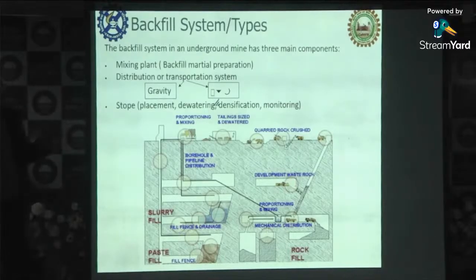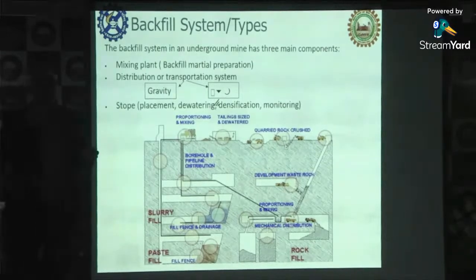In certain cases, the hydrofill is placed initially and then the rock fill is placed, to form a mesh, like a matrix, to have adherence between different boulder sizes of the rock fill. Usually the ratio of hydrofill to rock fill depends upon the kind of strength you need. That is the main governing factor in the mixing ratio. Usually mine people use a cemented hydrofill and rock fill mixture in the primary stope.